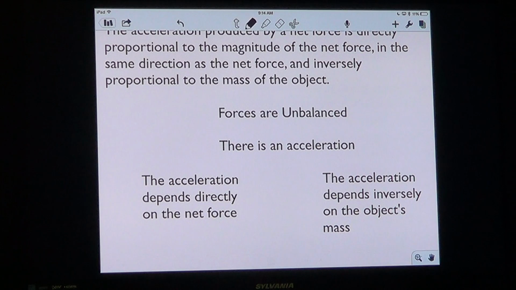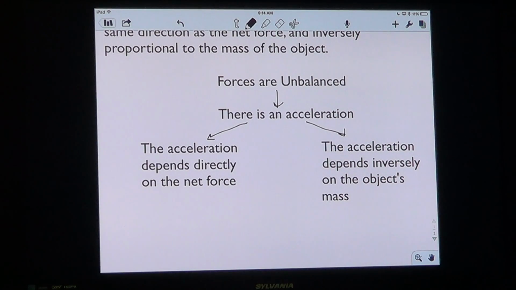Okay. So when forces are unbalanced, there is an acceleration. The acceleration depends directly on the net force and inversely on the object's mass.